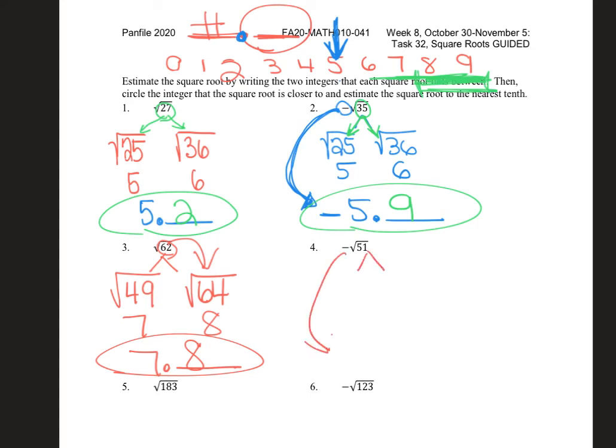The negative, I'm just going to bring down and put it in front. This is going to be 49 and 64. That makes it between 7 and 8 again, so it's 7 point something. 51 is way closer to the 49, so it's 7.1 or 7.2. I'm going to go with 7.1.